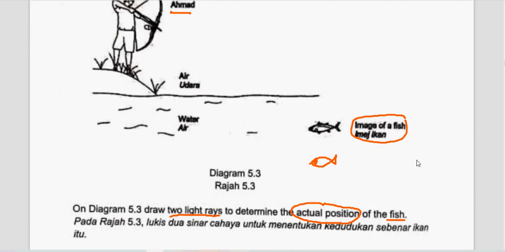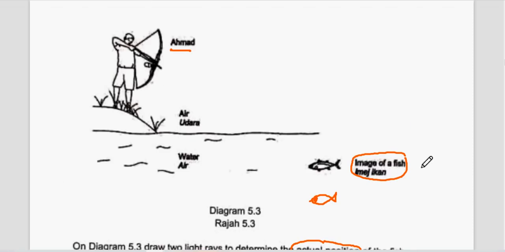Right. Then use your ruler. Just pick one point on the image. So you draw a straight line, like this. Outside the water, you draw a straight line. In the water, still a straight line, but using a dotted line to the point that you marked just now. Thin lines.